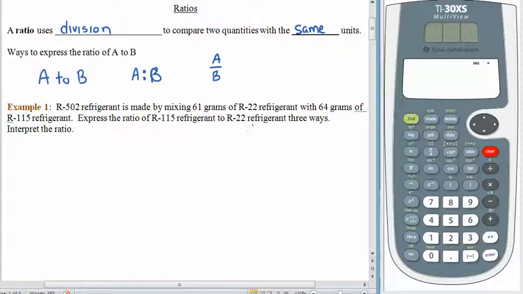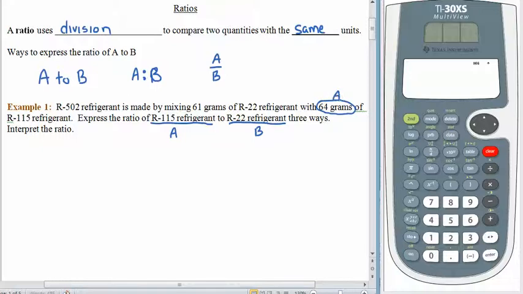The first thing we have to figure out is what number comes first. Right now, the ratio says R115 refrigerant compared to R22 refrigerant. So the R115 acts as the A, and the R22 acts as the B. Well, let's see, how much of this R115 do we have? That would be 64 grams.